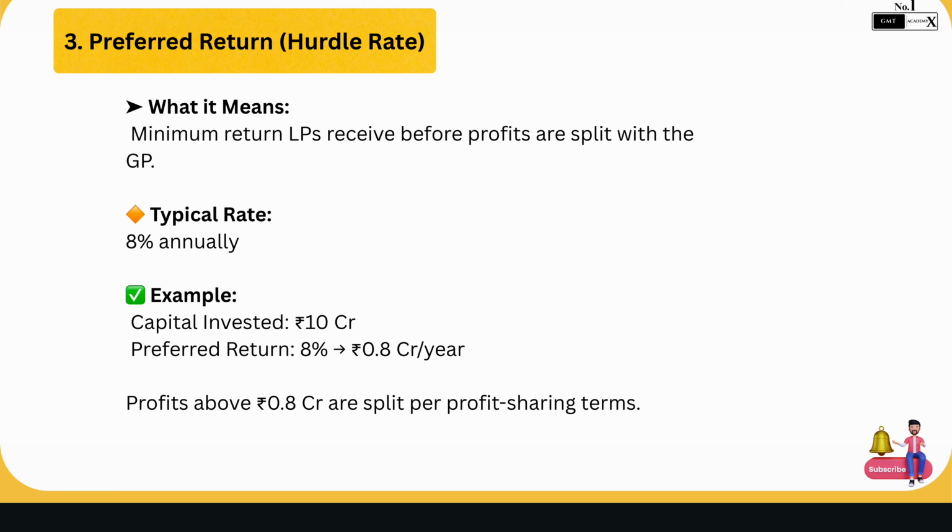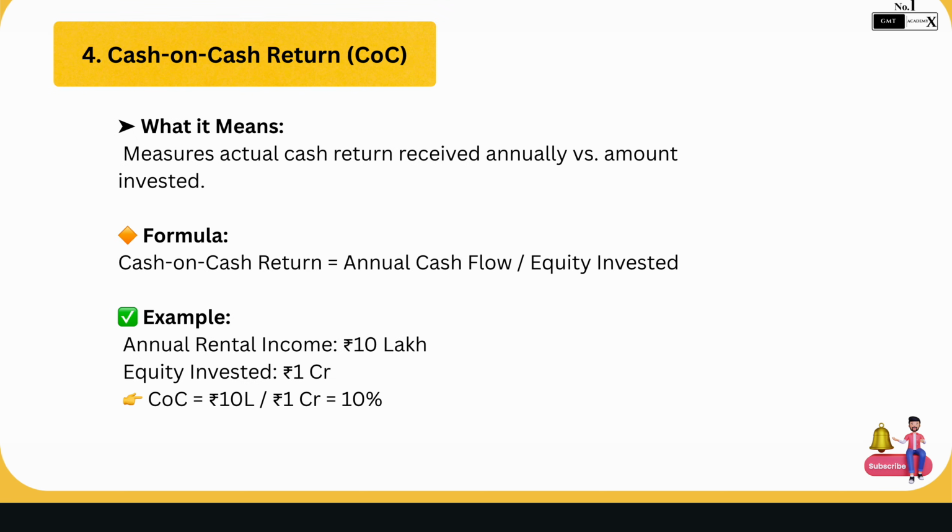The profit above 0.8 crore is split between general partners and limited partners, and the GP basically receives that as carried interest as well.